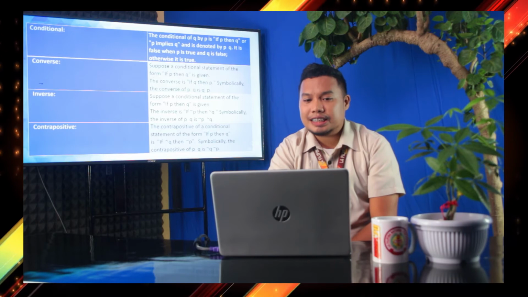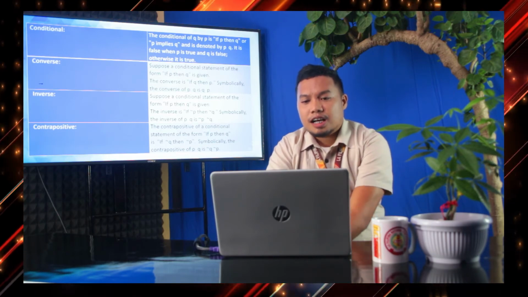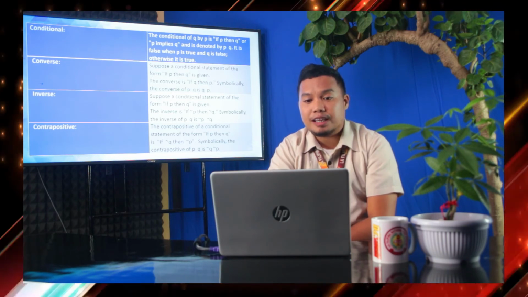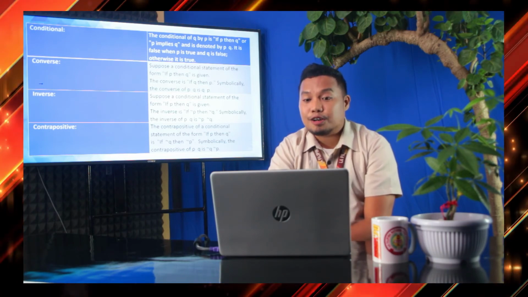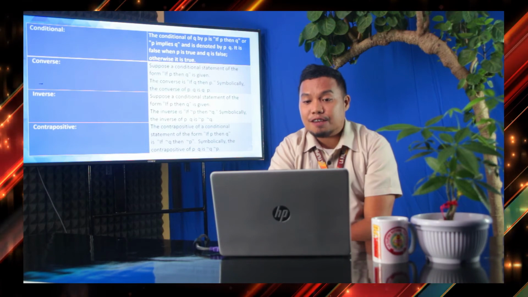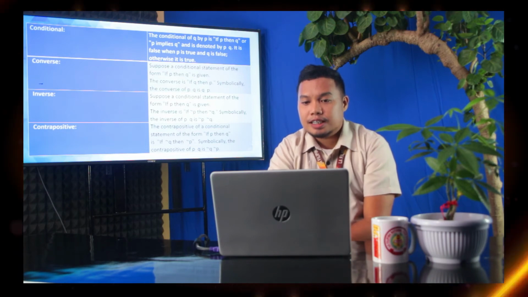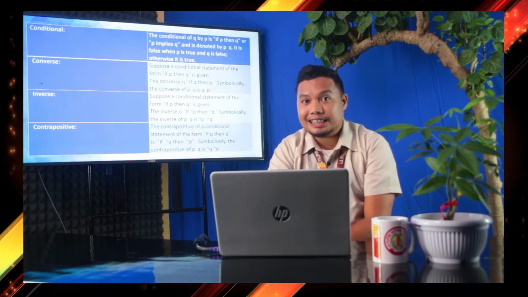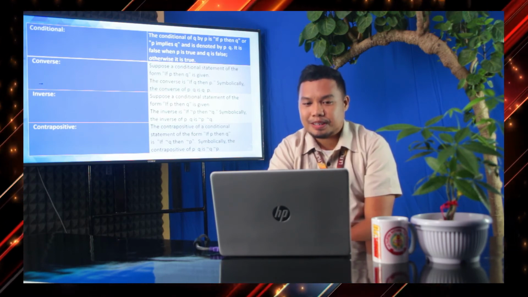For the converse, suppose a conditional statement of the form if P then Q is given, then the converse is if Q then P. Symbolically, the converse of P to Q is Q to P.